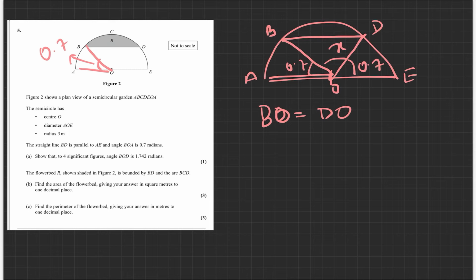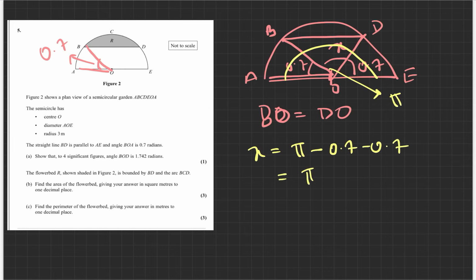And if this is 0.7, and we know that in a semicircle the angle here is pi, then x will basically be pi minus 0.7 minus 0.7.